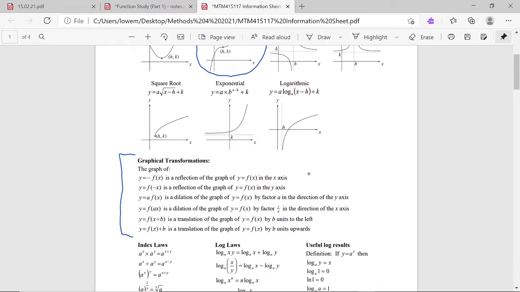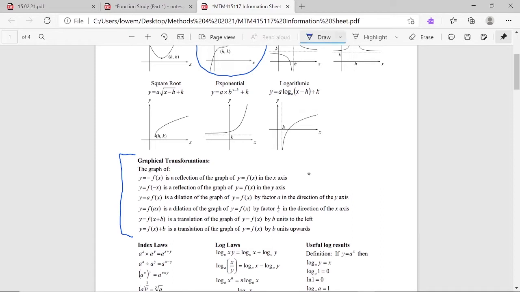Now, here we have some wording for different transformations, which applies to any function at all. You'll notice that we have a negative out the front here of f of x. So if f of x represents our basic function, if we have a negative out the front of the function as a whole, that will be a reflection of the graph of y equals f of x in the x-axis, or about the x-axis.